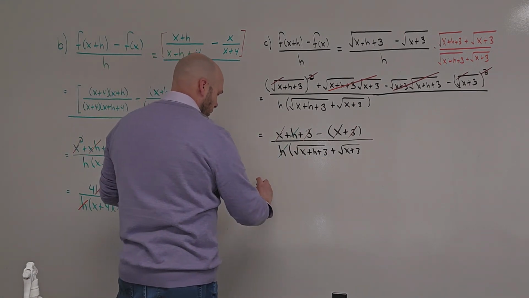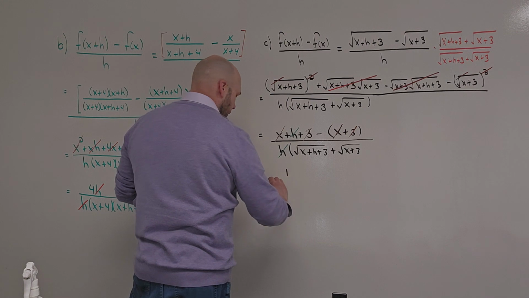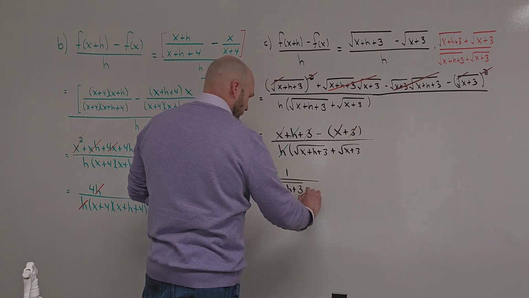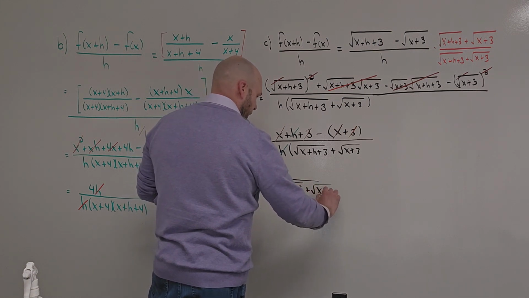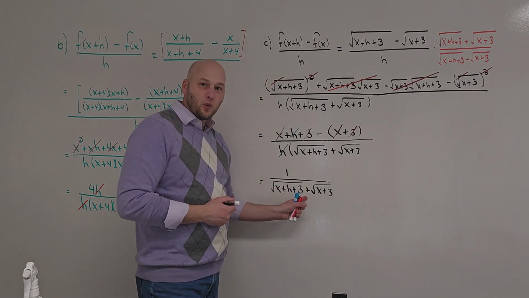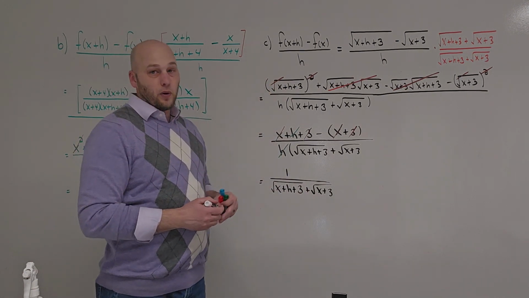Your final answer would be 1 divided by the square root of x plus h plus 3 plus the square root of x plus 3. And this would be your difference quotient of the function, the square root of x plus 3.